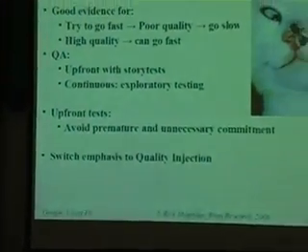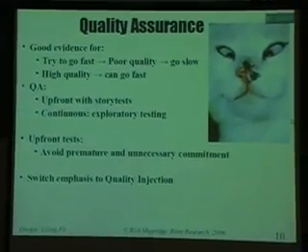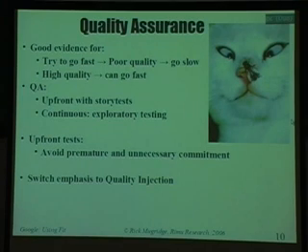Okay, so there's not much that we have a lot of evidence about in software development. There doesn't seem to be any evidence at all, from an experimental point of view, that OO is any good, or that UML is any good. There are a few things that we do know.